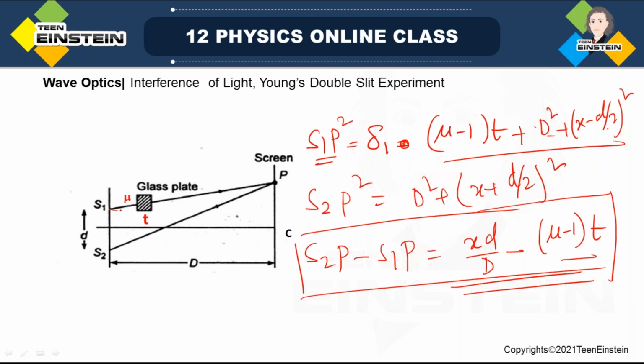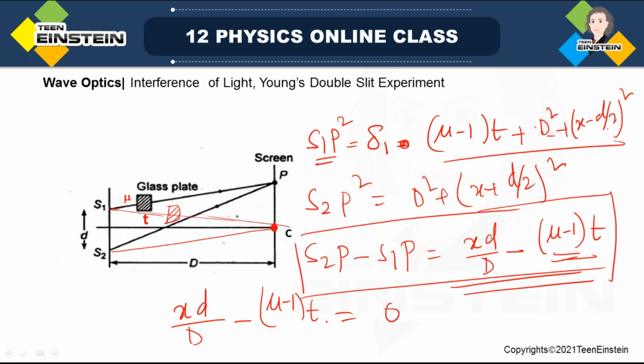Even if it is going to the central point C and it passes through this glass, then also this much path difference will be introduced. In general, at the central bright fringe there will be no path difference. So if that is to happen, your central fringe has to be shifted somewhere. I can just put this to 0.